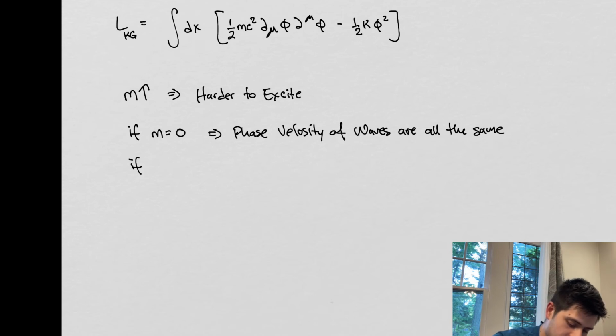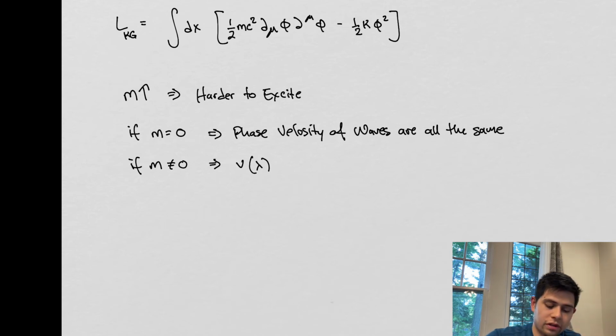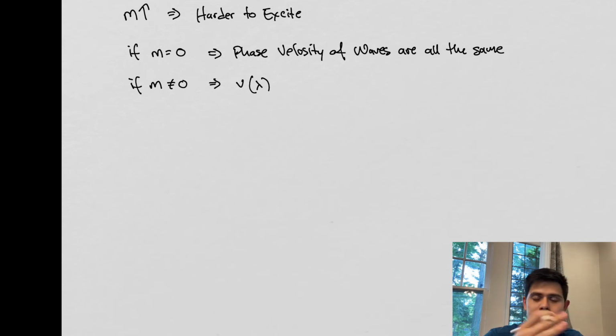And if m doesn't equal 0, then the phase velocity depends on the wavelength. So the phase velocity is a function of the wavelength. Again, that was something that we talked about in depth back in chapter 3.